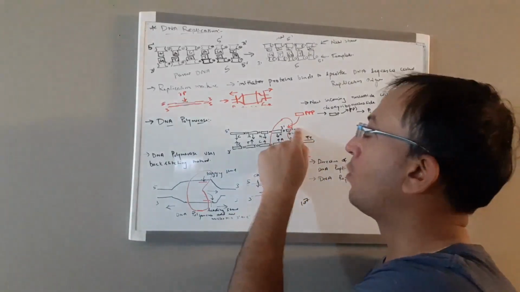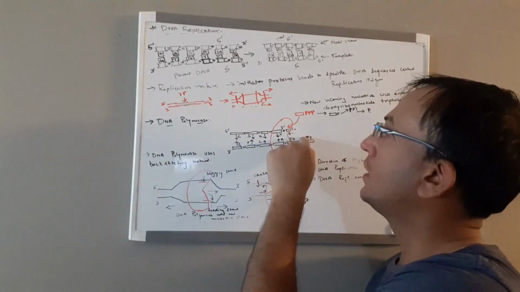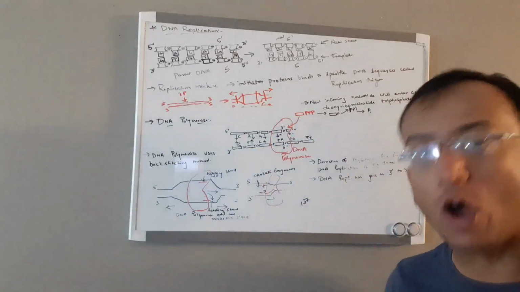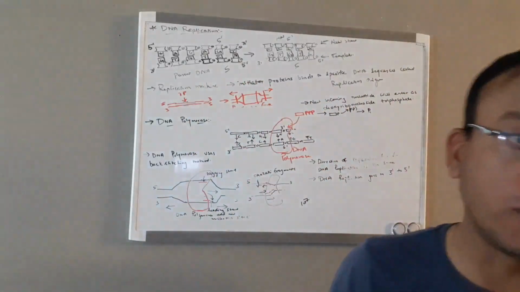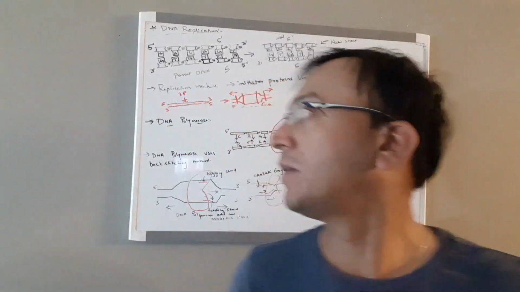If it says, this is T and I just put G, that is not correct, so it can remove that nucleotide by a nuclease.